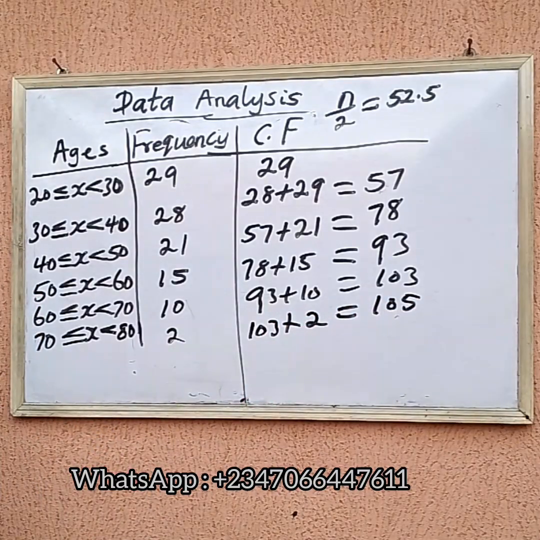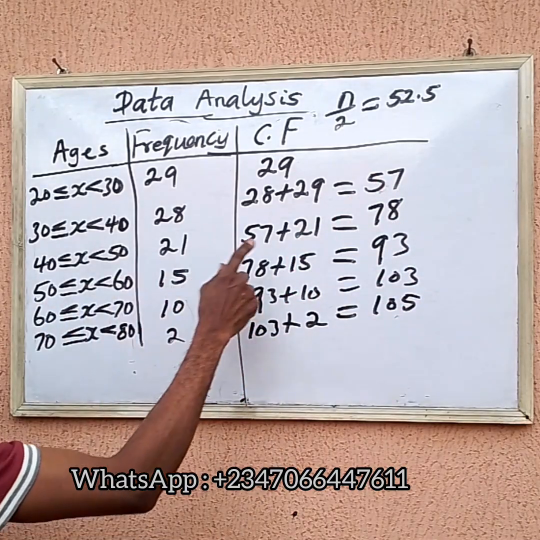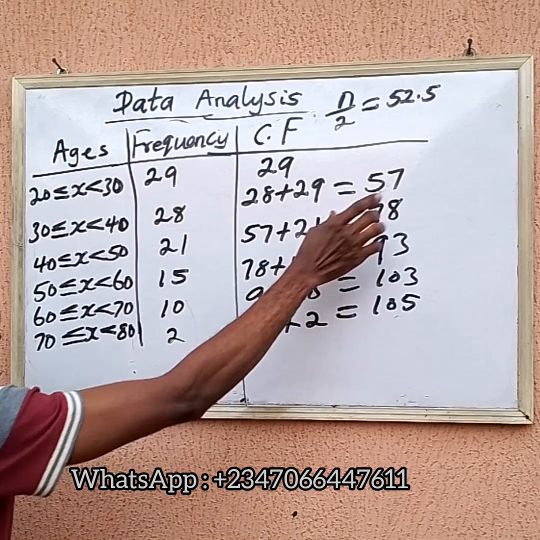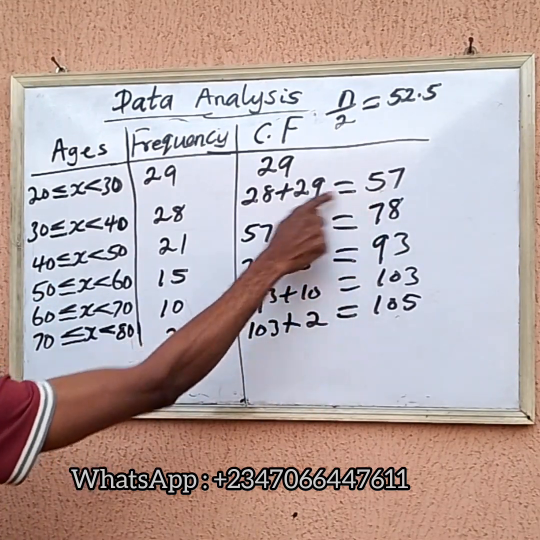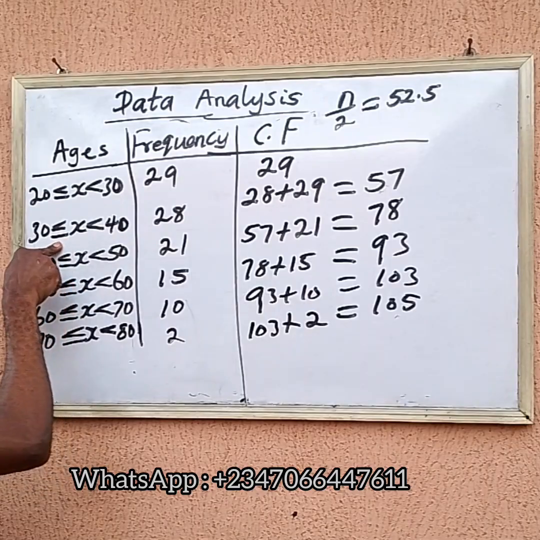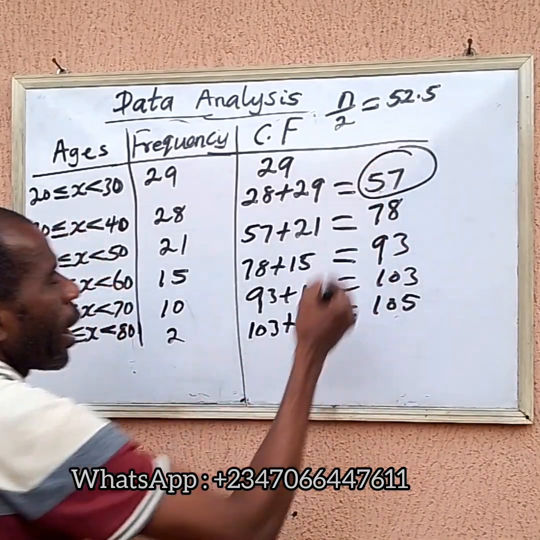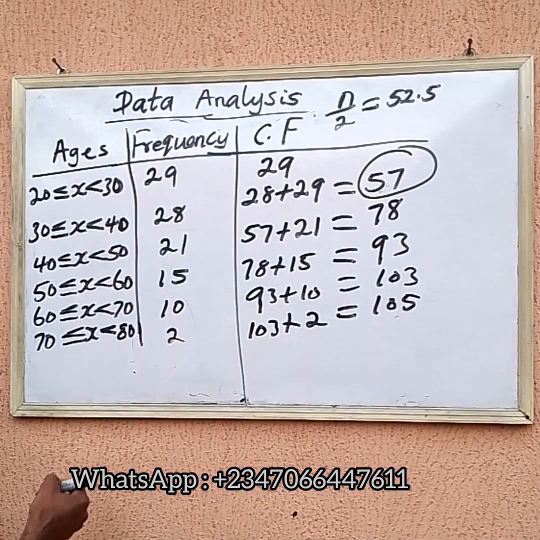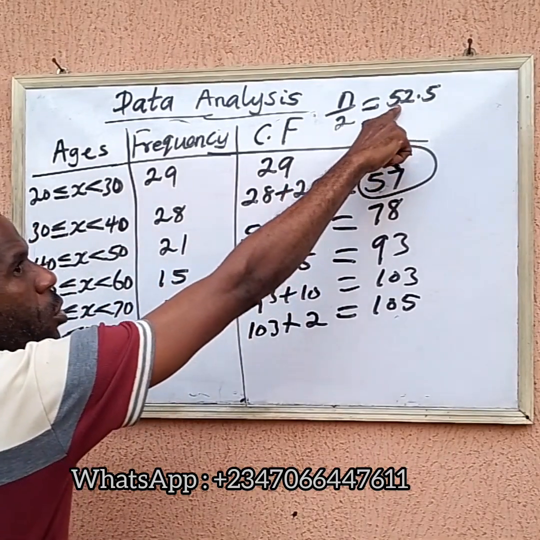Now let us look at the cumulative frequencies of the classes. Look at the first one where the cumulative frequency will exceed this. I think this is the first class, so it means the median will lie within this class. This is where we have the first cumulative frequency to exceed the calculated value we have here.